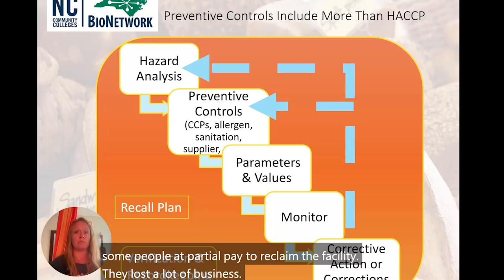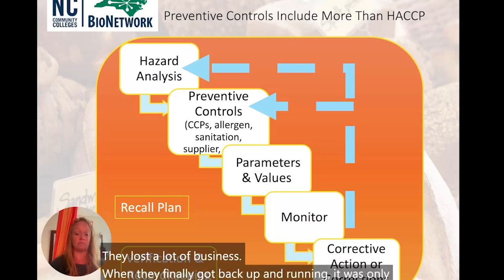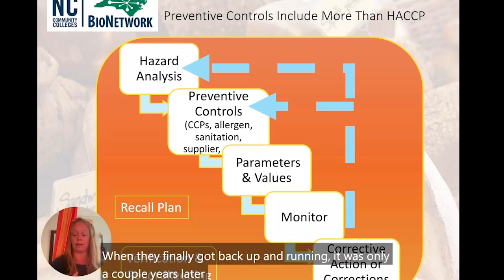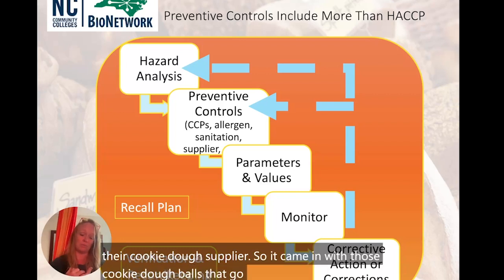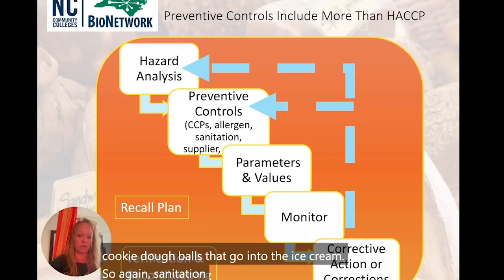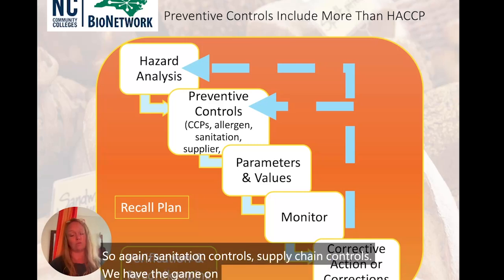When they finally got back up and running, it was only a couple years later where they actually ended up having a listeria issue again, this time coming from their cookie dough supplier. So it came in with those cookie dough balls that go into the ice cream. So again, sanitation controls, supply chain controls. If we up the game on those, we can prevent all kinds of issues.